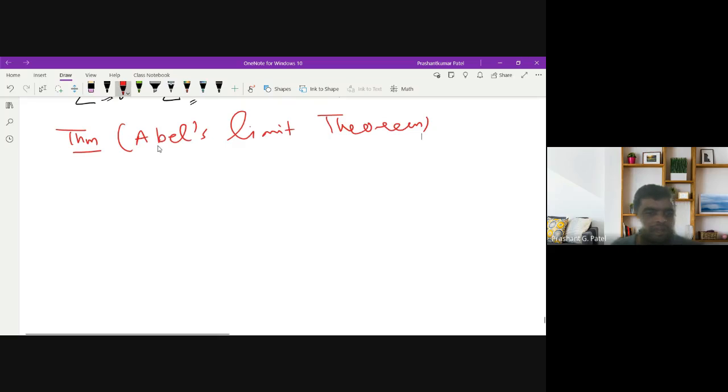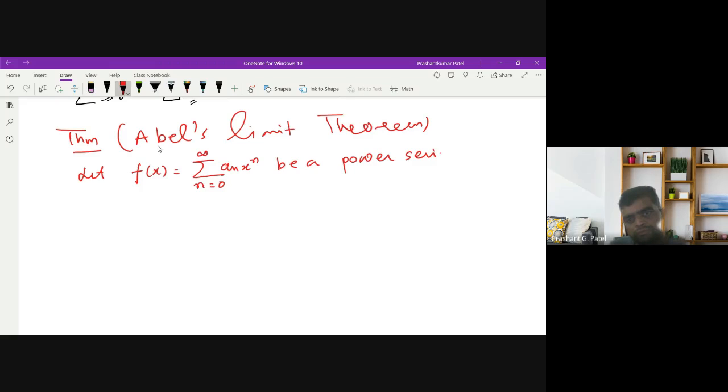Let us take as a statement: f(x) is represented as its power series, summation an x raised to n, with radius of convergence 1. Here we are discussing this theorem with radius of convergence 1. If the radius of convergence is r, the same proof will follow, just replacing 1 by r, and doing similar adjustments.